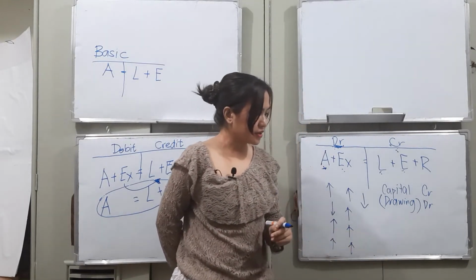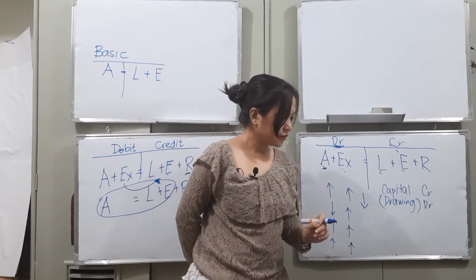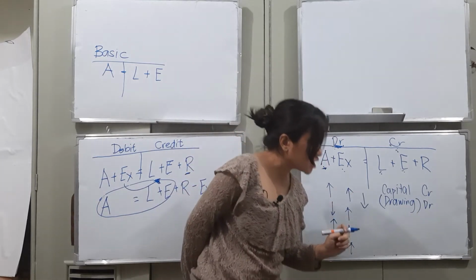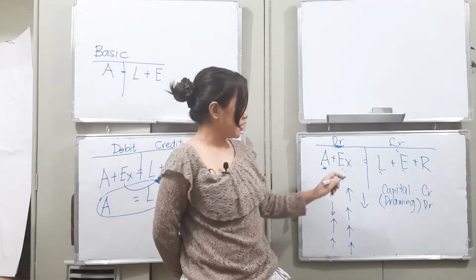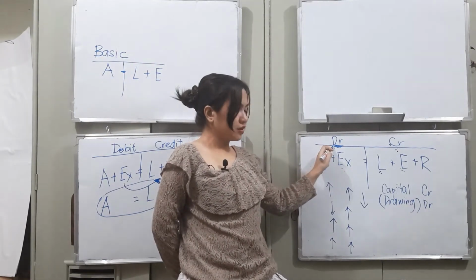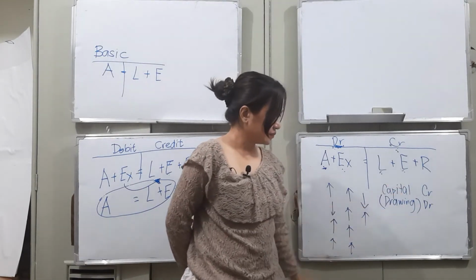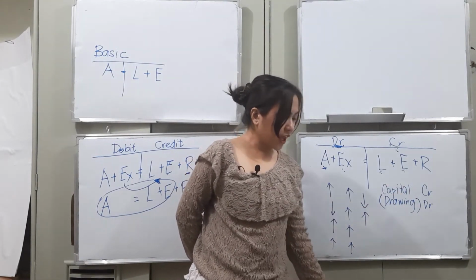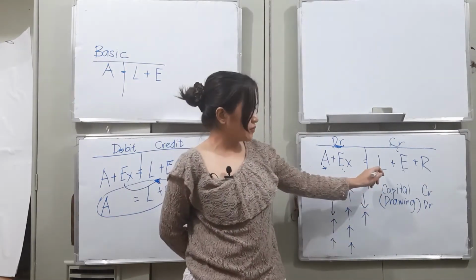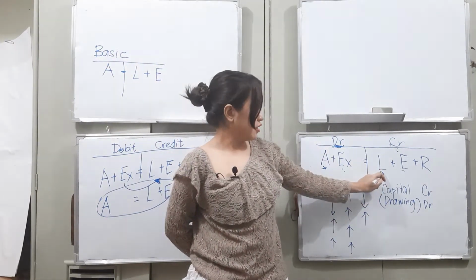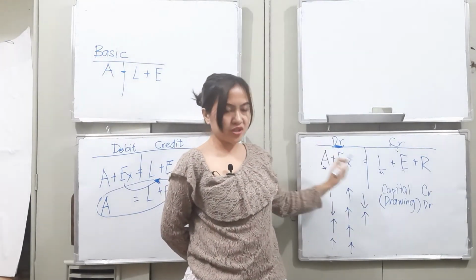Insurance expense. Insurance expense was debited. What is insurance expense? Expense. It was debited. What happened? Increase. Next, notes payable was debited. This is the notes payable. It's a liability. But, we debited it. Opposite.